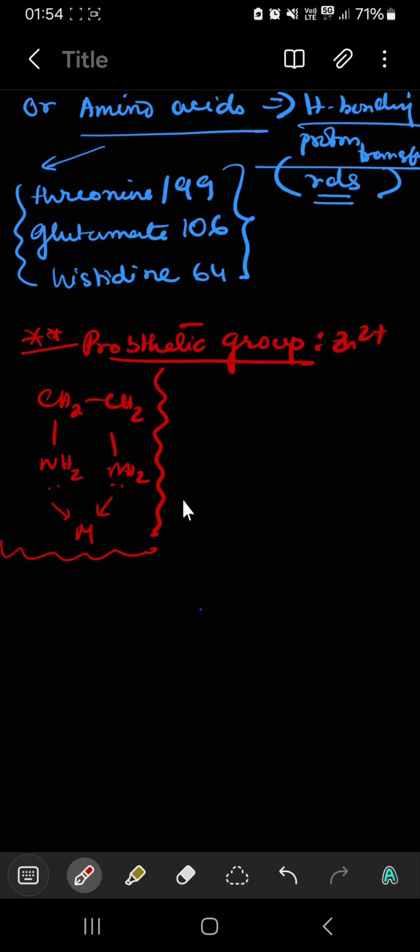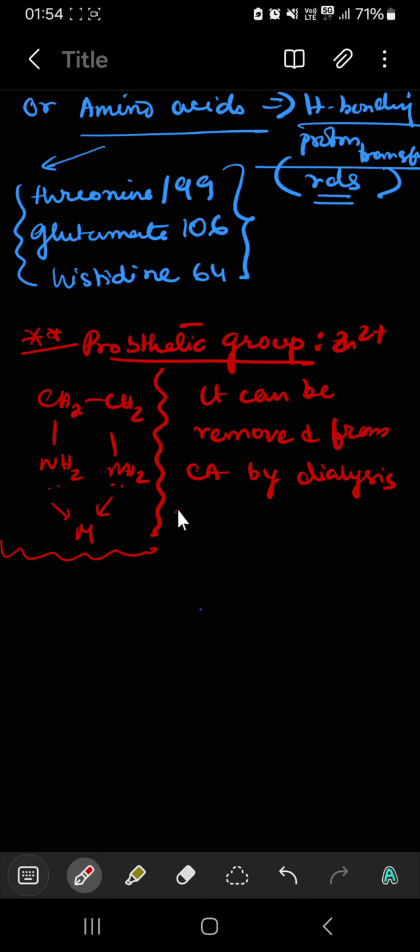So the prosthetic group zinc can be removed from carbonic anhydrase by dialysis with a very strong chelating ligand.